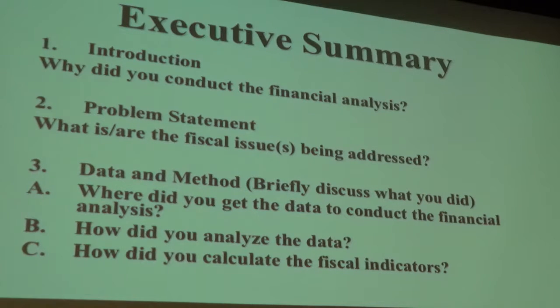You basically extracted the data and calculated the indices that you did. You analyzed it doing trend analysis from one year to the next. And the indices themselves are pretty self-explanatory. You put the formula. So that's briefly one paragraph or 2 paragraphs for the executive summary.